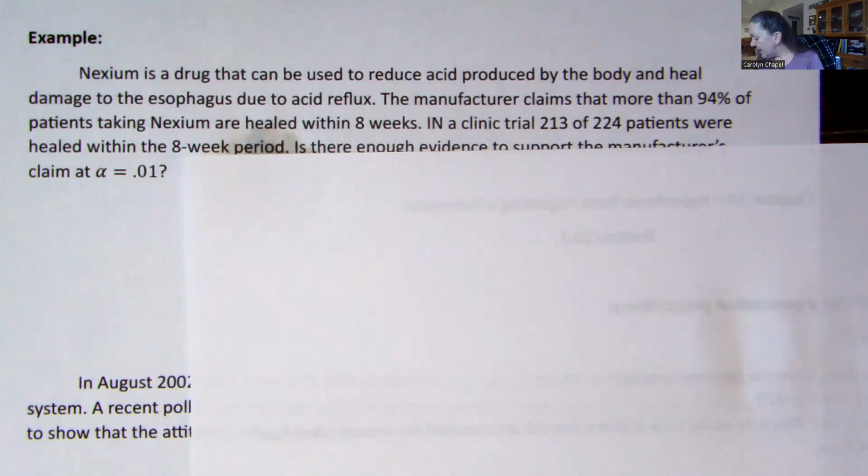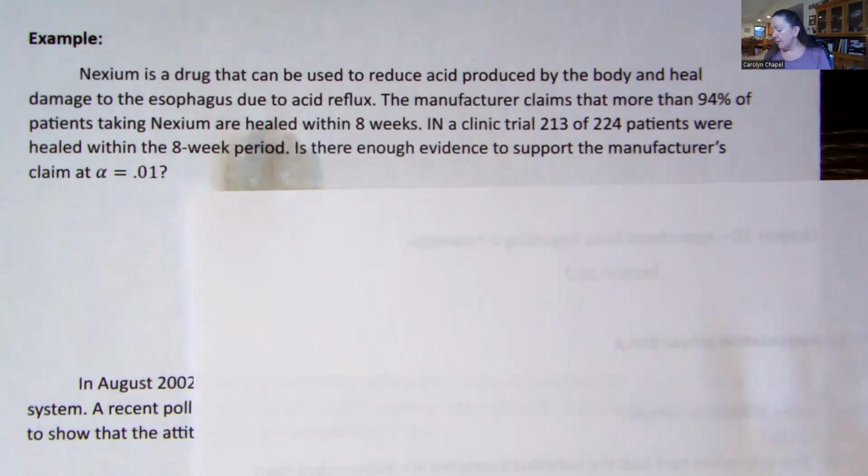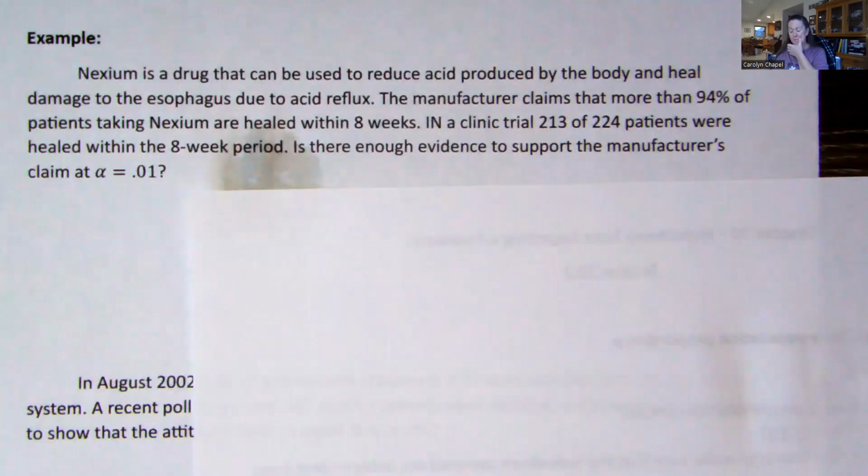The manufacturer claims that more than 94% of patients taking Nexium are healed within 8 weeks. The clinic wants to figure out, is that true or not? So they test 224 patients, and they found that 213 were healed within that 8-week period. Is there enough evidence to support that manufacturer's claim? And our alpha level is 0.01.